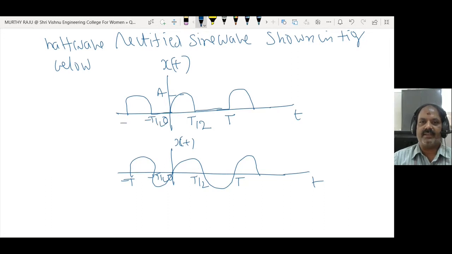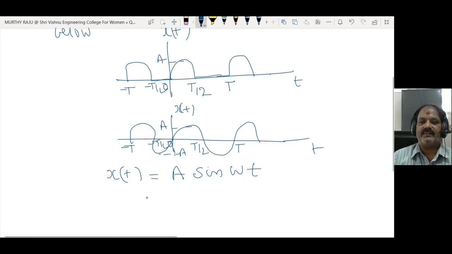This is the sine waveform. Expression of that sine waveform is x of t is equal to A sine omega t, where the amplitude of the waveform is A and this one is minus A. Omega is equal to 2 pi by the time period of that waveform, let it be Tp.